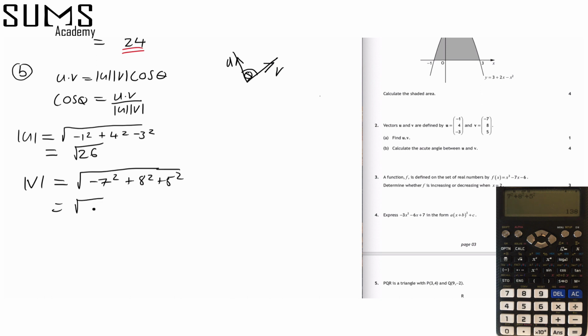Okay, 138. And the reason I didn't square root it is because sometimes this next bit can lead into problems. So sometimes it's better just to keep it in this whole square root form rather than simplify it just yet.